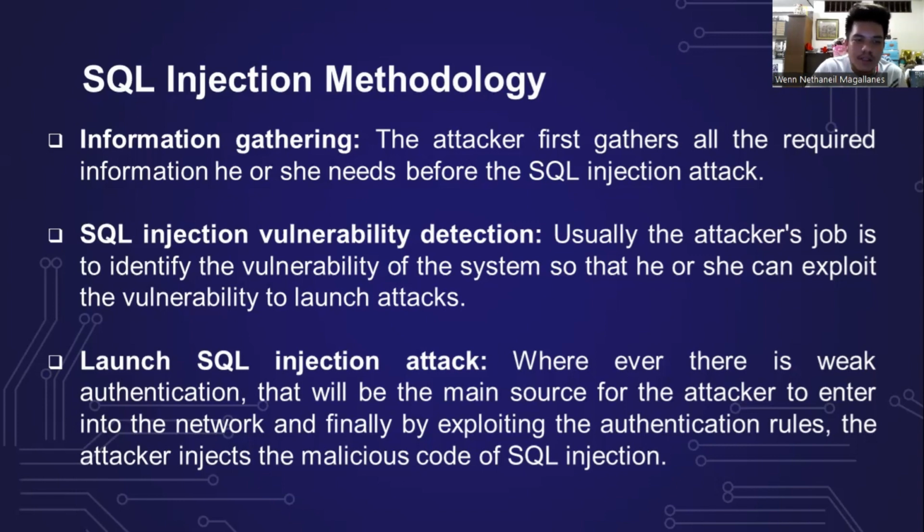Next is launch SQL injection attack. Here, whenever there is a weak authentication, that will be the main source for the attacker to enter into the network. Finally, by exploiting the authentication rules, the attacker injects the malicious code of SQL injection. This is where the attacker detects or knows where to put the malicious code in the system.